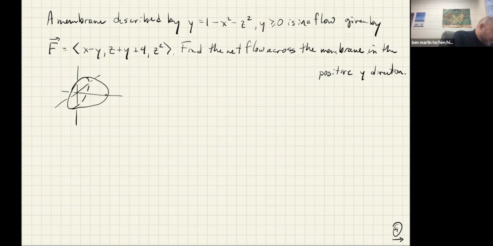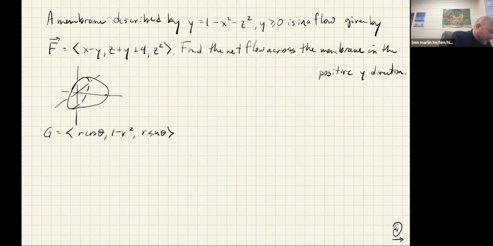So when we set up our parameterization for this, I'm going to put r cosine theta on my x, but not on my y. My y is going to end up being 1 minus r squared, and my z is going to be r sine theta.